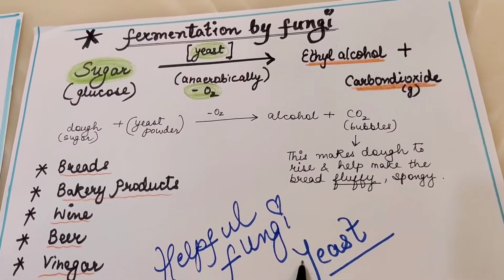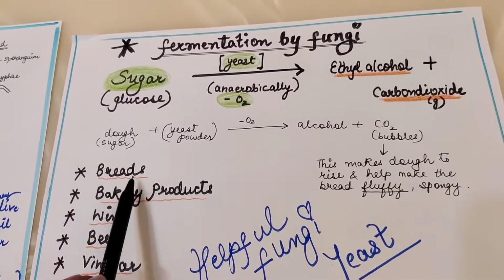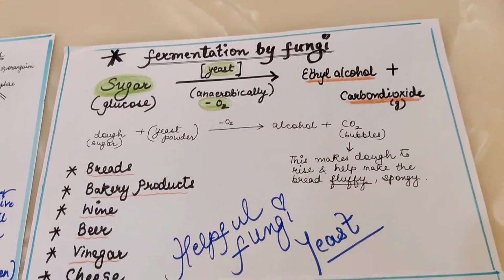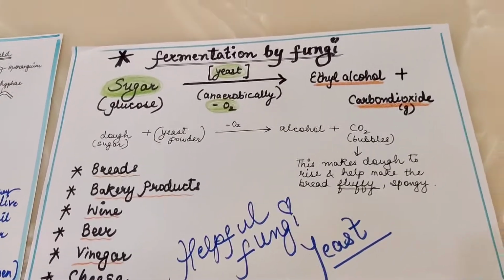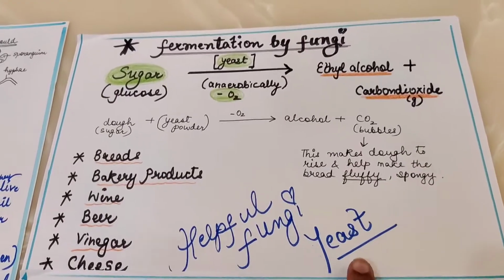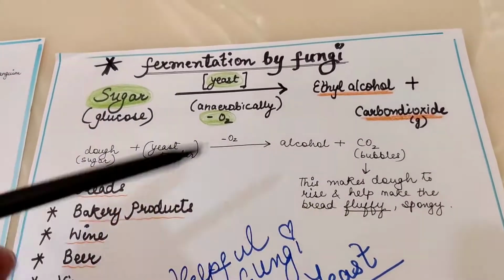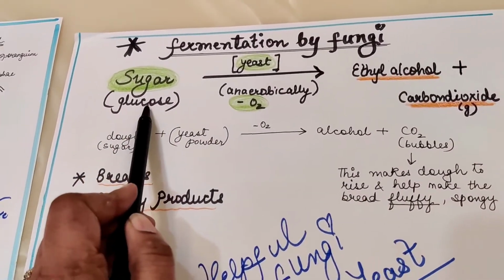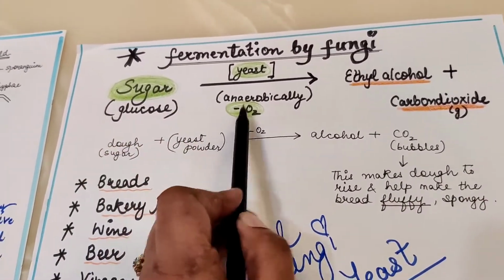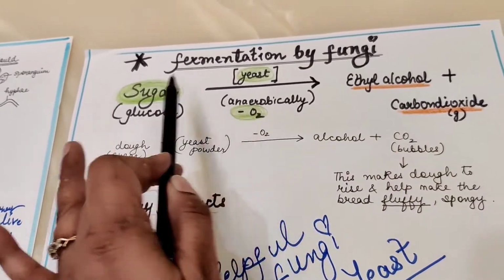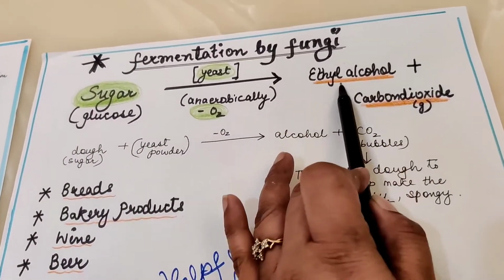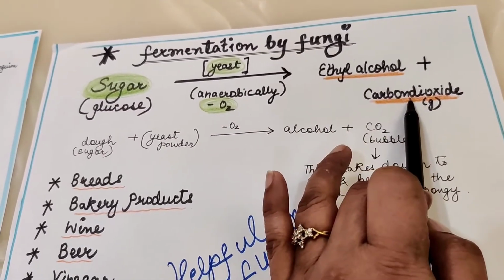It is a big industry. My dear students, all the bakery things, all the breads, the cakes, the preparation is not possible without the help of this wonderful unicellular fungus, that is the yeast. Now what basically does yeast do? Yeast feeds on sugar, glucose, and then anaerobically, without oxygen, it produces two products, that is ethyl alcohol and carbon dioxide.